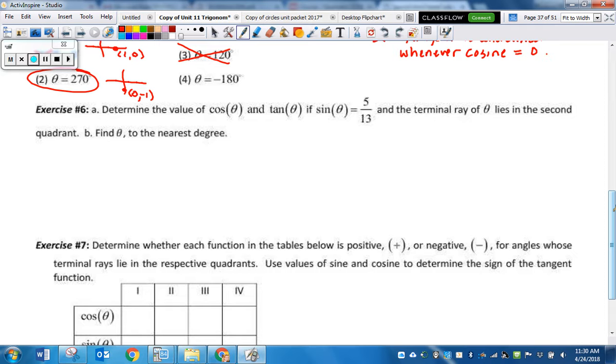Make sure theta is labeled. Get yourself in the right quadrant there. You need to get your quadrant set up, X and Y axes. And now your picture's not drawn right. Where's your terminal ray? Picture. Go. Label theta, reference angle 2.